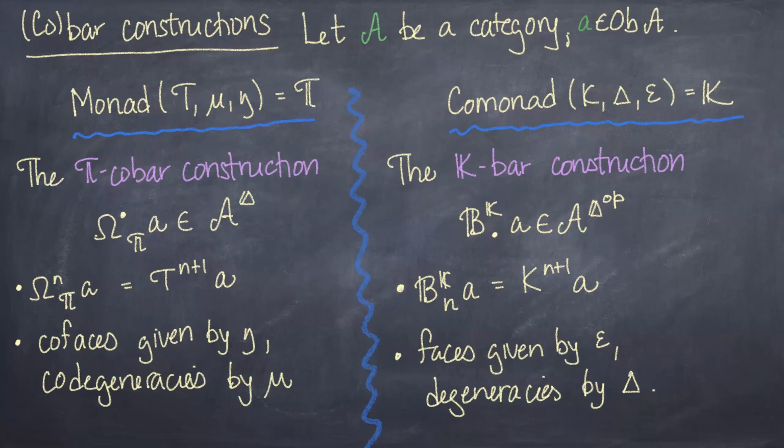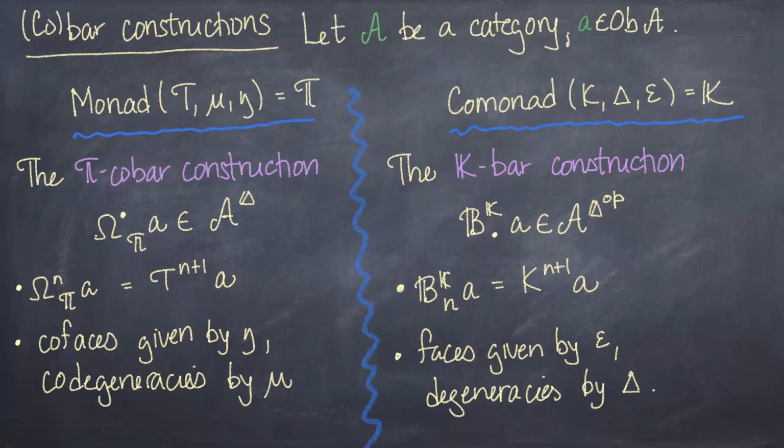You can think about where these maps have to go. You can play a game, and basically the only way you could do it is what works. I didn't want to go into the details today, but you can build this whole co-simplicial or simplicial structure using the rest of the structure maps of the monad or the comonad.